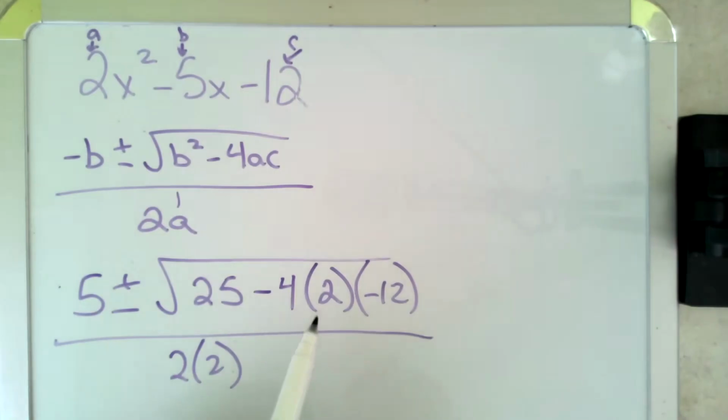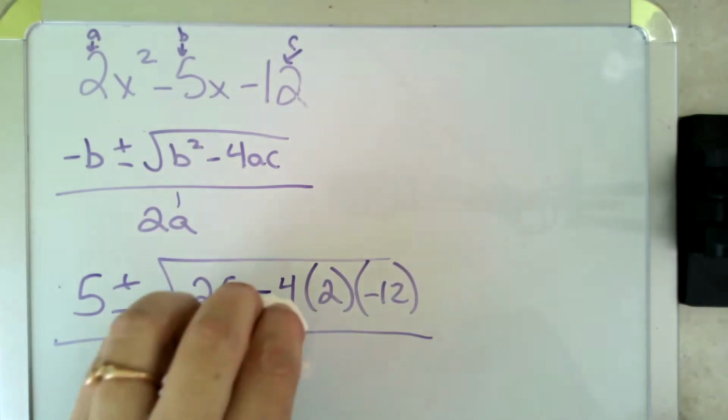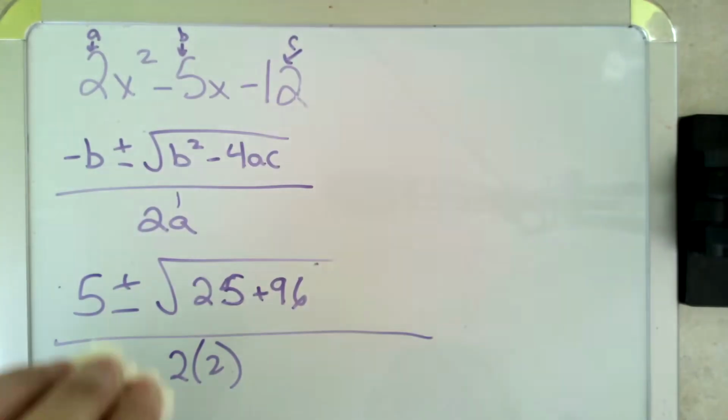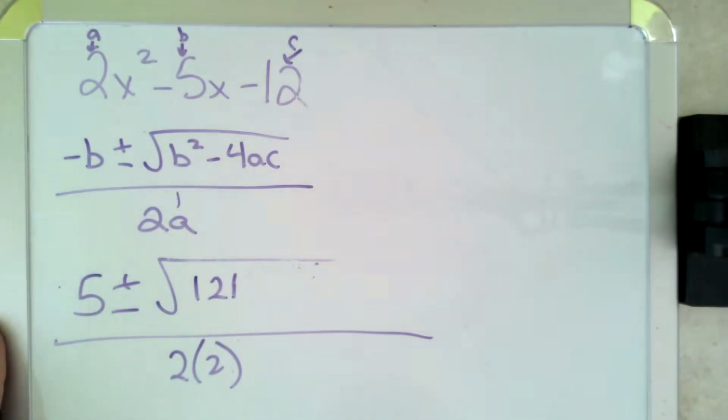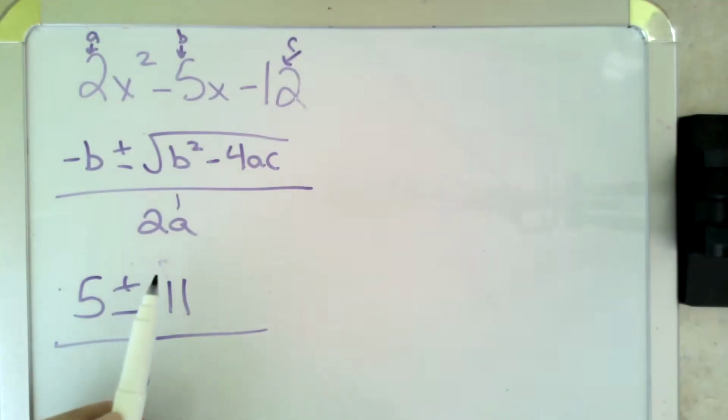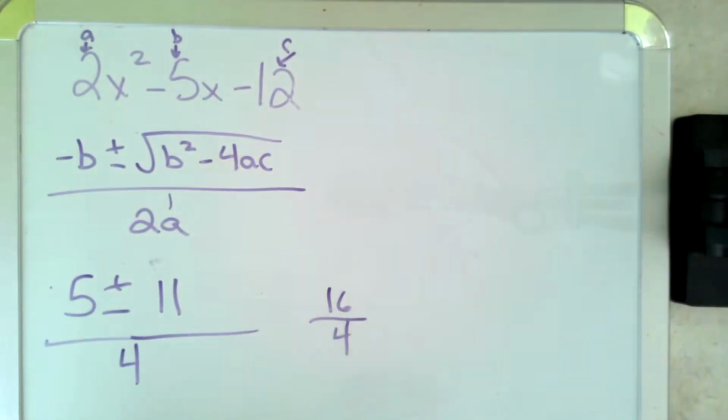Negative 24 times 4 is negative 96. Minus 96 is plus 96. 96 plus 25 is 121. The square root of 121 is 11. 2 times 2 is 4. 5 plus 11 is 16 over 4. 5 minus 11 is minus 6 over 4.